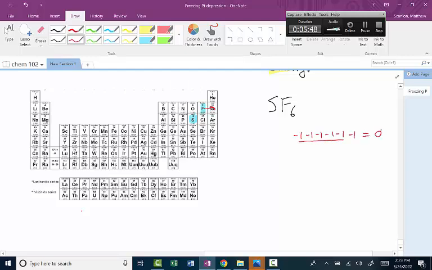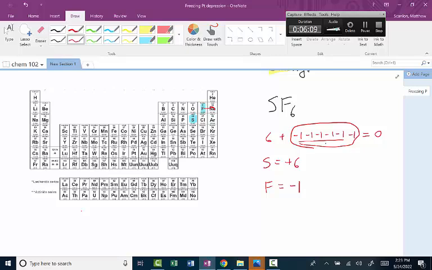And the charge on this molecule is 0, so the sulfur must be a +6. So sulfur equals +6, and each fluoride is equal to -1. It's not -6 for the fluoride. We want only the oxidation state of one fluorine atom.